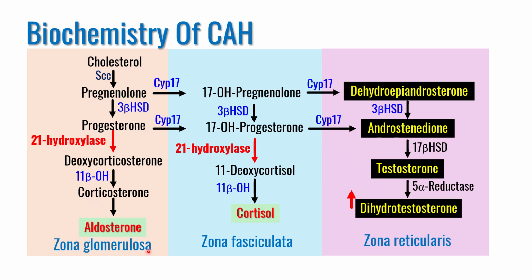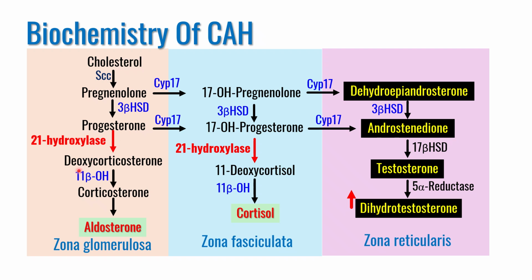So let us start with zona glomerulosa. Cholesterol is brought into the mitochondria by StAR protein, where it is converted into pregnenolone by the action of SCC, or side chain cleavage enzyme. Pregnenolone is converted into progesterone by the action of 3-beta HSD.